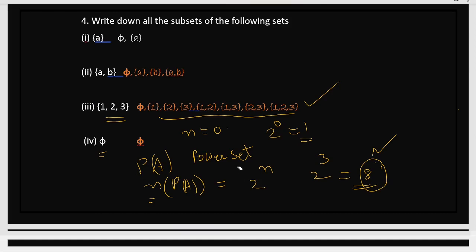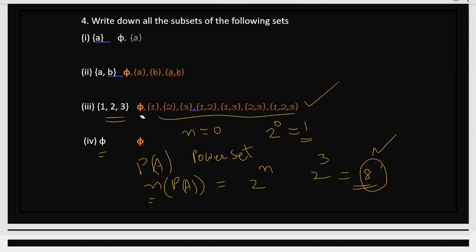I described that elaborately in that. The number of elements in the power set is given by 2 raised to n, where n is the number of elements in the set.